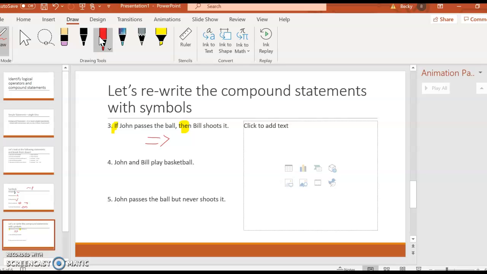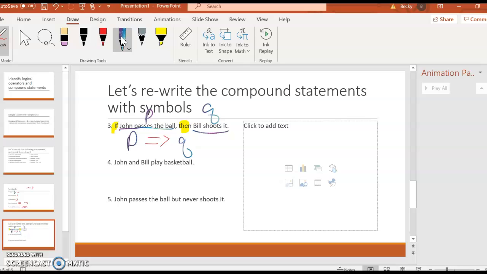Now, part of writing with symbols is identifying the simple statements. So John passing the ball is one simple statement. Let's call that P. And Bill shooting it is our other statement. Let's call that Q. So we would say, if P, then Q, right? If John passes the ball, then Bill shoots it.